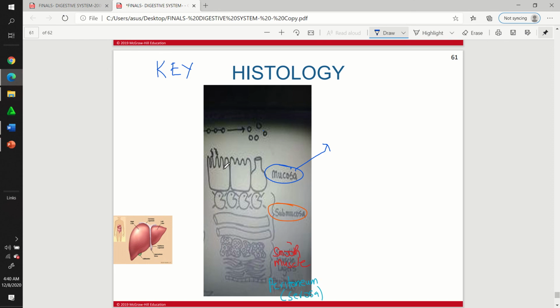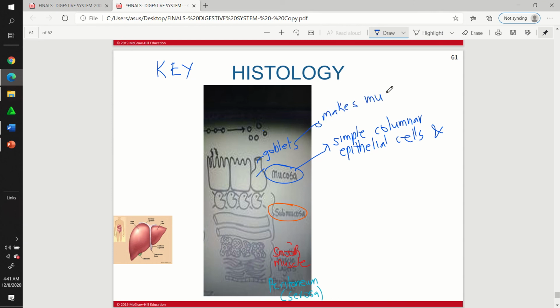Obviously, it contains this one. You see that? That is actually a simple columnar epithelial cells. And this one, your goblets. And this goblets, class, anong ginagawa ng goblets mo?